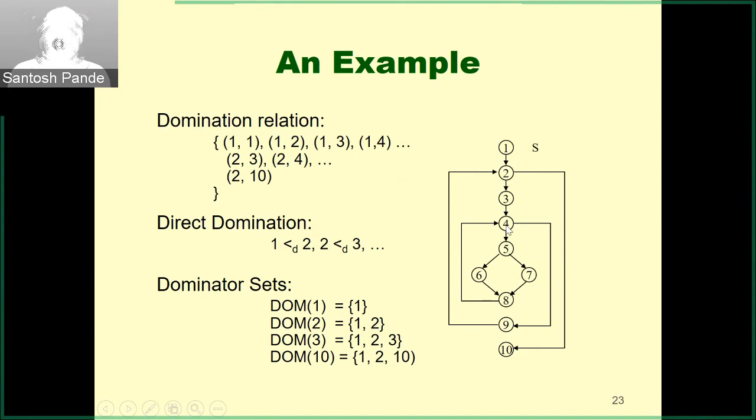Since 4 dominates me, the control comes in the forward direction from 4 via different paths maybe, but necessarily it always comes from 4. That's the key here. So once it comes from 4, and then it goes back from me using a backward edge to the one which dominates me, you can see that that forms a cycle, because forward is coming from the dominator, back edge is taking me back to the dominator.